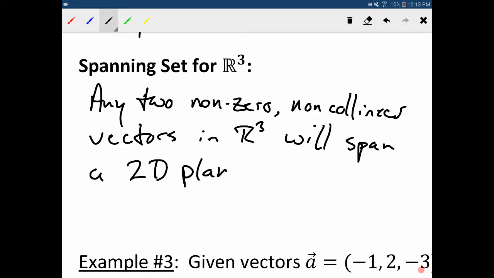You don't have to actually say 2D. I'll put that in brackets. Planes are two-dimensional. When we say plane, it's always two-dimensional, but just so your notes are clear when you're looking back: a two-dimensional plane within R3.